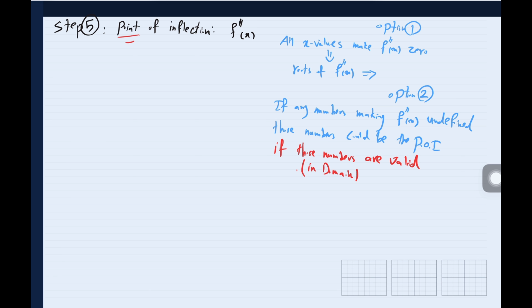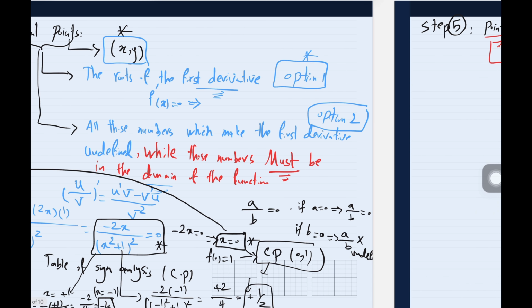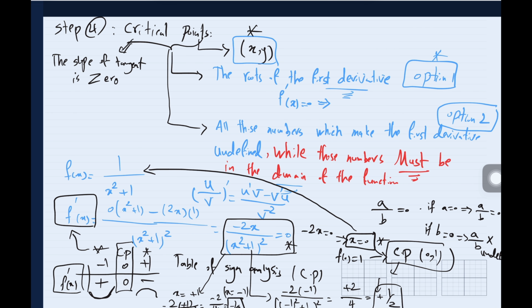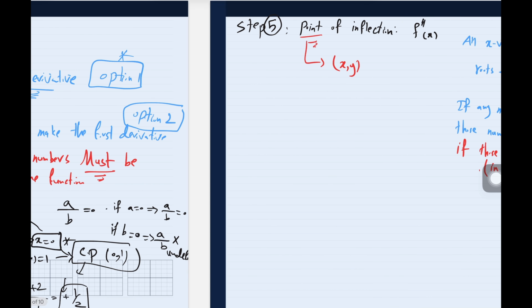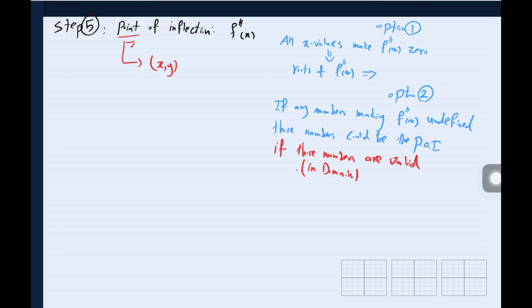Why? Because it's a point of inflection. If this is a point, then I have to have x and y. If I find some numbers making the second derivative undefined while those numbers are not in the domain, then those numbers are not our point of inflection. So this is a very similar story to critical points. I have 2 options, and I have to check both options for every single rational function.